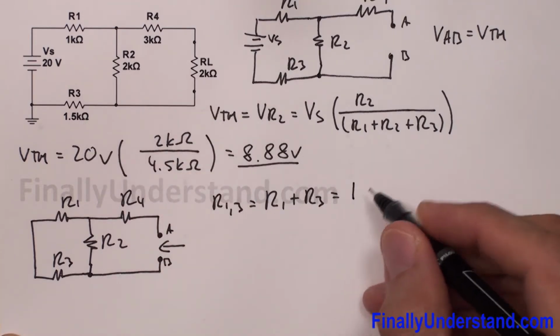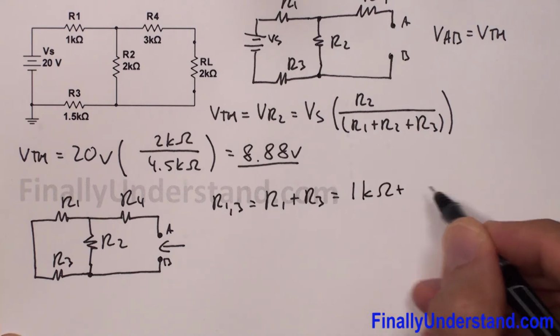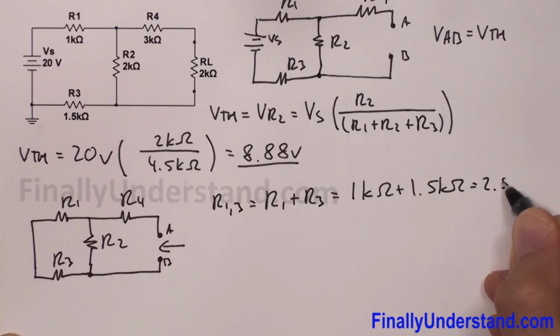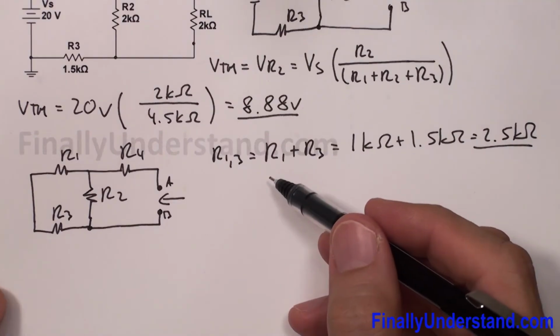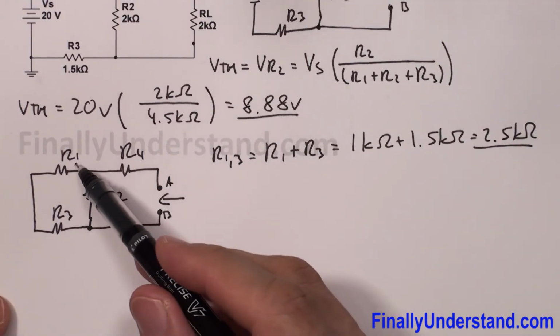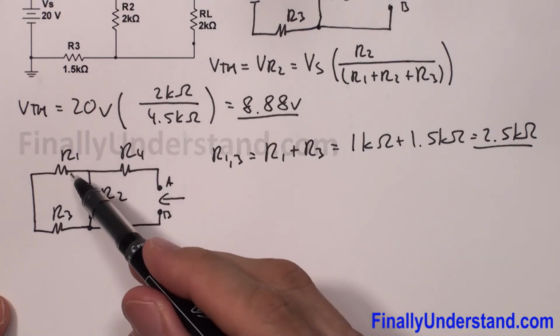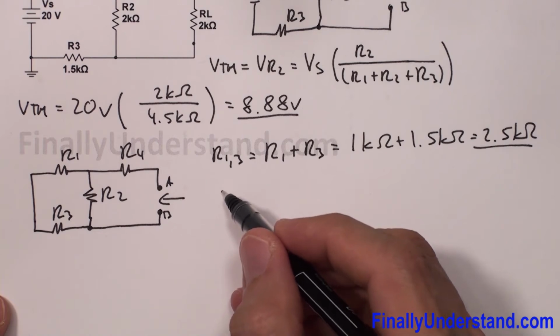So let me write this down. I have 1 kilo ohm plus 1.5 kilo ohms equals 2.5 kilo ohms. Please notice that the branch with resistors R1 and R3 is in parallel with resistor R2. That's why I'm going to redraw the circuit again.